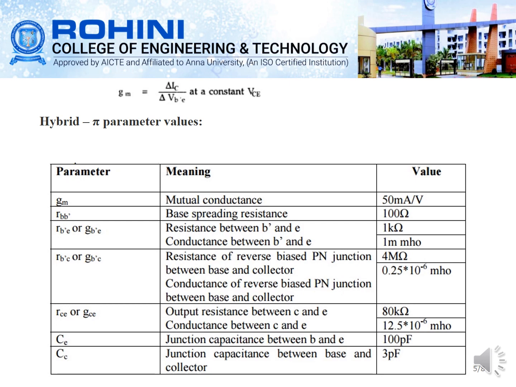RCE or GCE, the output resistance between C and E, is 80 kilo ohm, with conductance 12.5 into 10 power minus 6. CE, the junction capacitance between B' and E, is 100 picofarad, and CC, the junction capacitance between base and collector, is 3 picofarad.